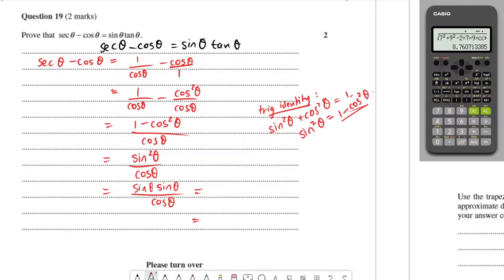Which is the same as sine theta times sine theta on cos theta, which is the same as sine theta times, excuse me, tan theta, like that, which is equal to the right hand side.